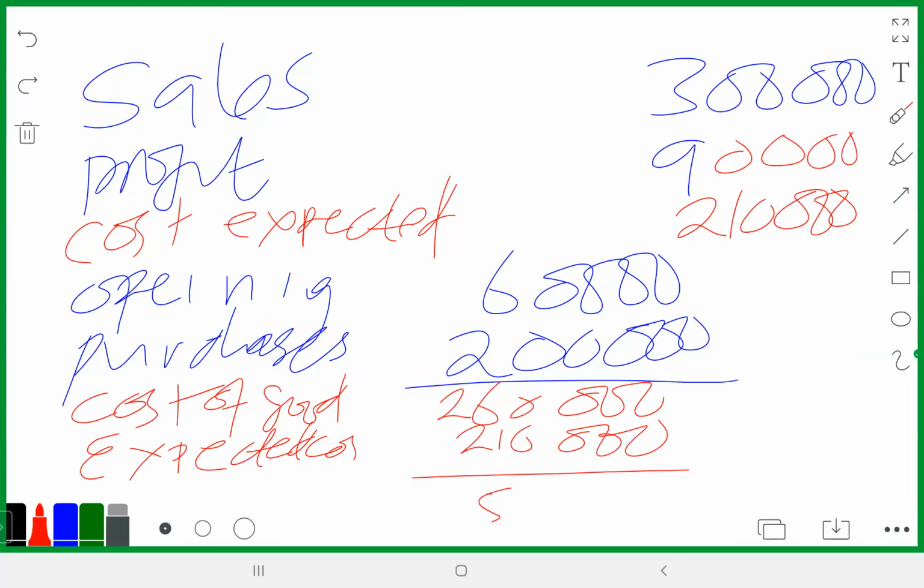So 50,000 is the what? It is the estimated closing inventory, which is just the difference between the actual cost minus the expected cost. All right. So that is the closing inventory.